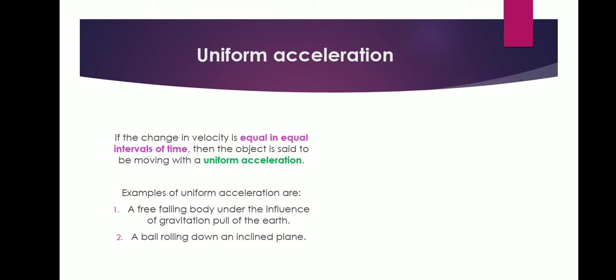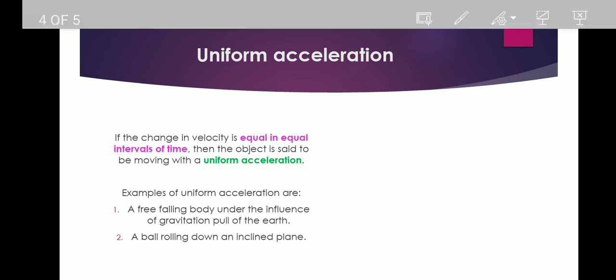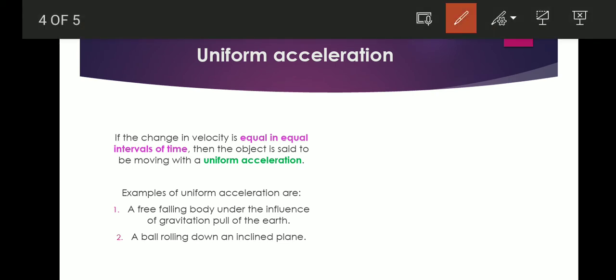Here we have two examples. A free falling body under the influence of gravitational pull of the earth is one example. Here you have a mango tree.